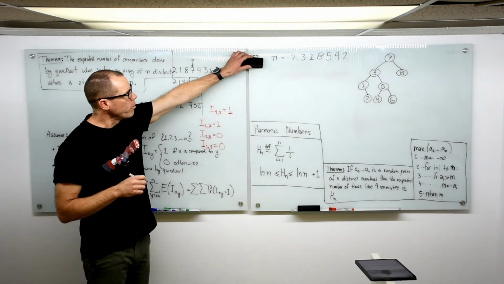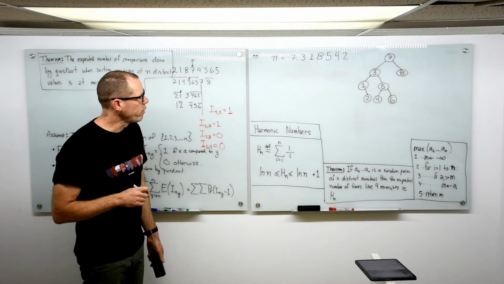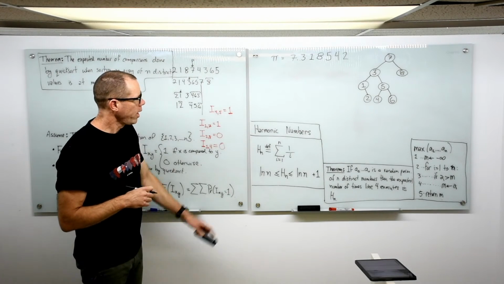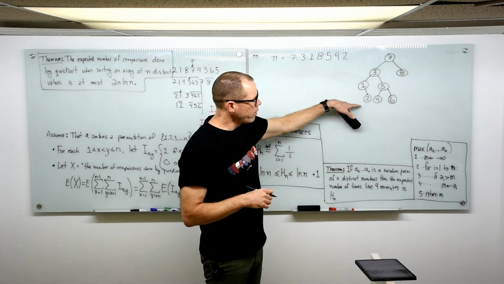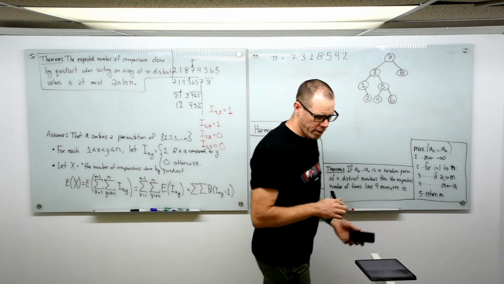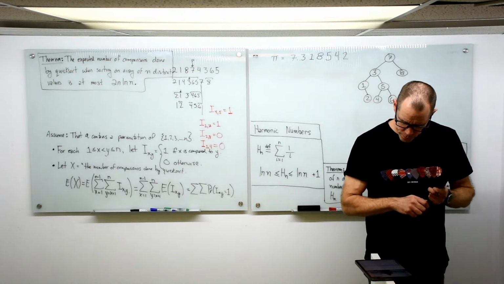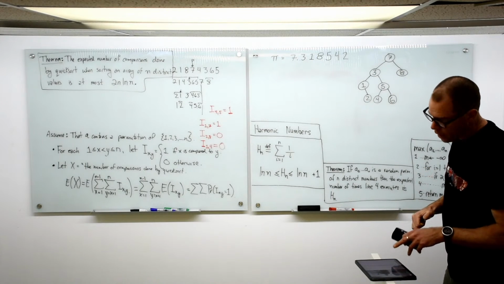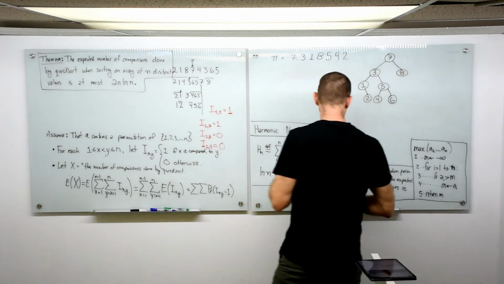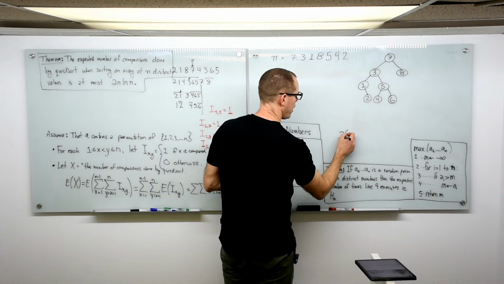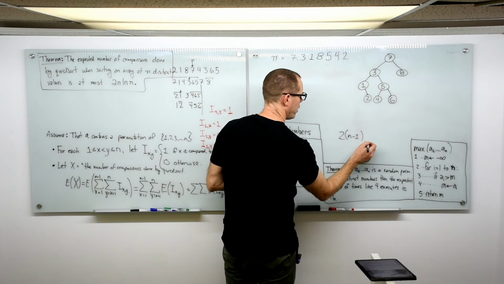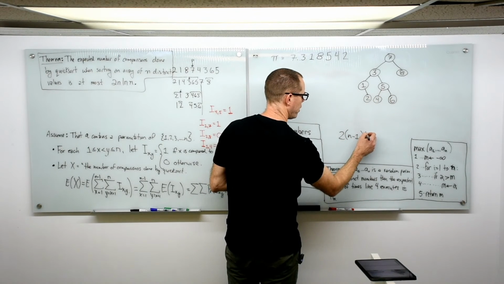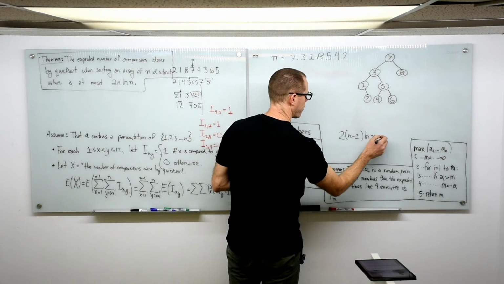So there's a random permutation of the integers 1 through 8. And if I insert them into a binary search tree in that order, this is the binary search tree I get. Someone asked, where does the -2 ln n come from? That was because we had a formula that had a 2n minus 1 ln n. Okay.